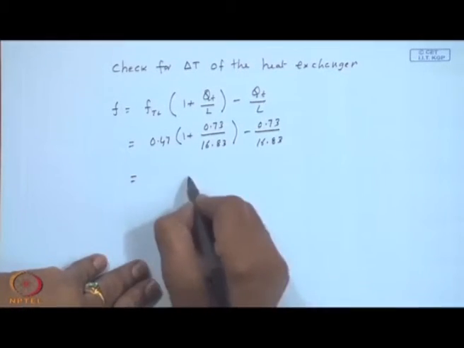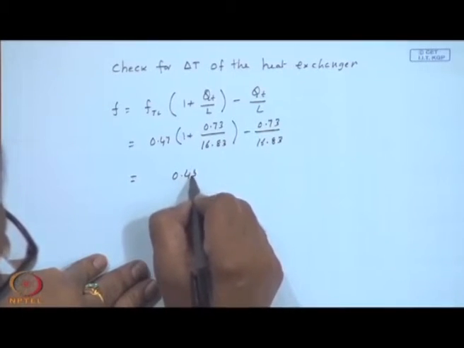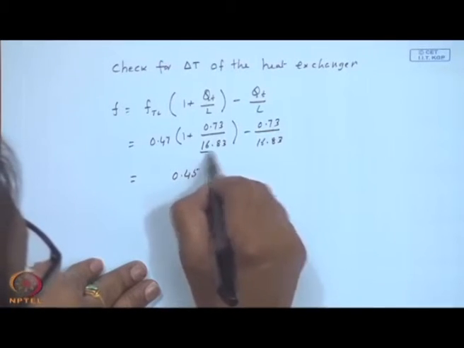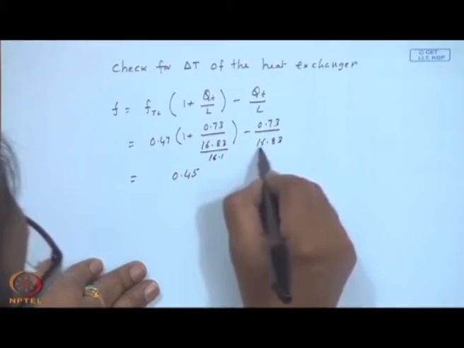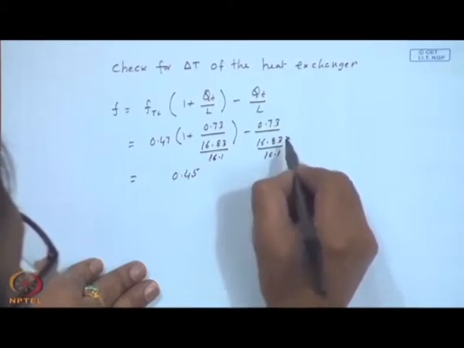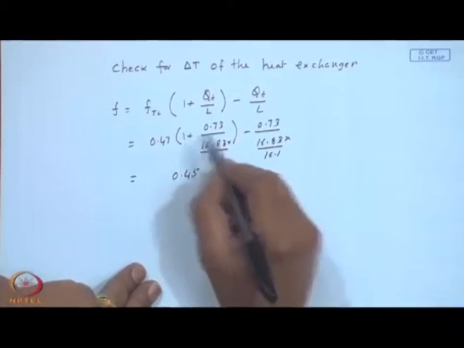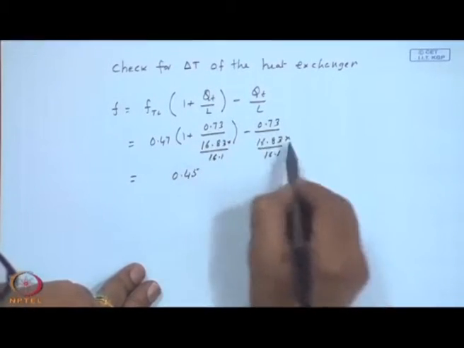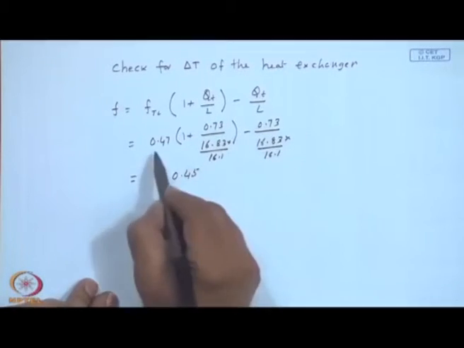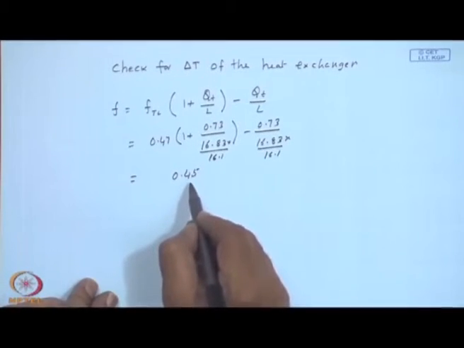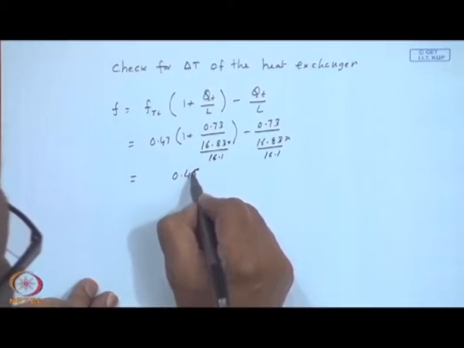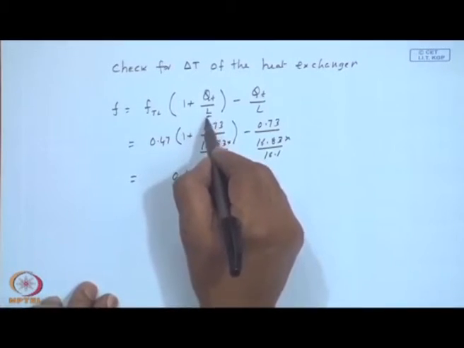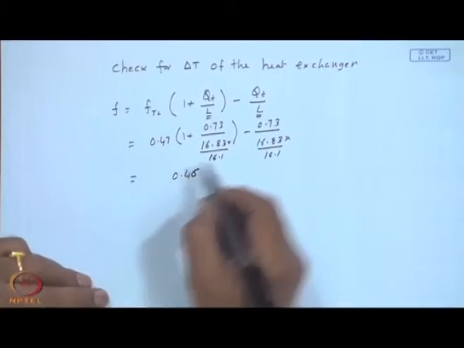That will be equal to 0.45. As a matter of fact, this should be 16.1 because this is the original L in calculating FTL. So, this number does not change because in both places we are underestimating, minus and plus, except for this factor. It may be a little higher, maybe 0.46. And all right, so this should be the original load only.